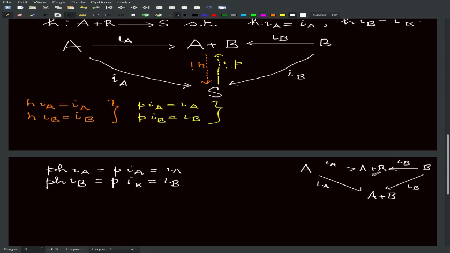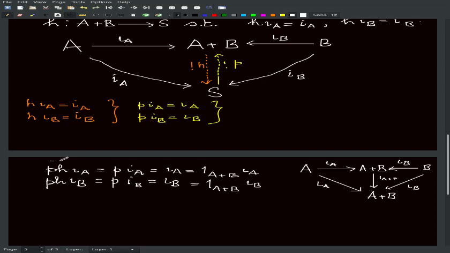It must be the identity map, because there is always this identity map which makes these two triangles commute, and if that is the one, then that must be the unique one, because there always exists one and only one such map which makes this diagram commute. So this is equal to nothing else but the identity of A plus B, and this is equal to the same thing.